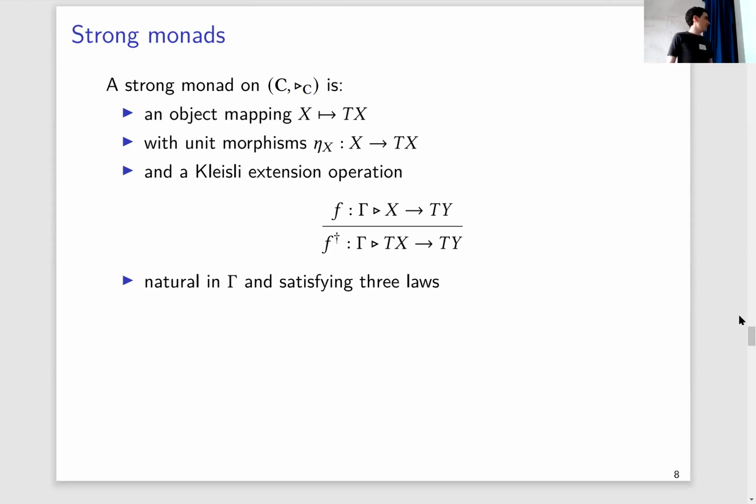Then for every map from X to T of Y in context gamma, we get a map from T of X to T of Y in context gamma. This is required to be natural in gamma and also to satisfy three laws, which are analogous to the normal monad laws.